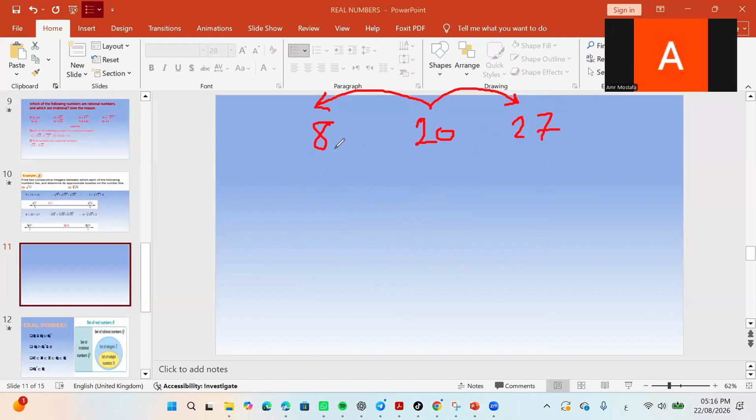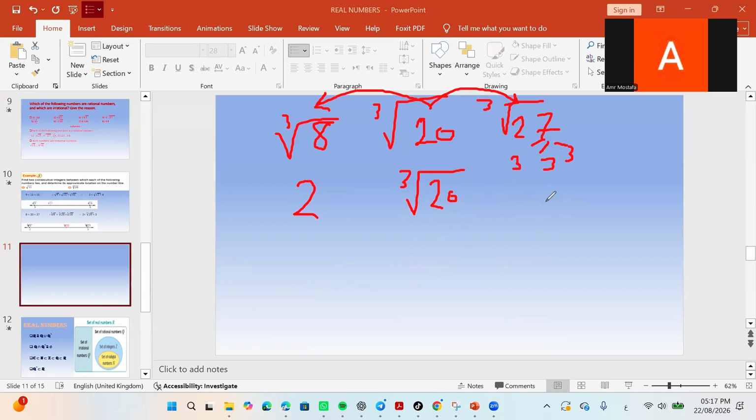Okay, let's take the cube root for all sides. Cube root of 8 is 2. Cube root of 20 doesn't have any whole cube root. Cube root of 27, 27 is 3 by 3 by 3, so it's 3. So cube root 20 is between the integers 2 and 3.